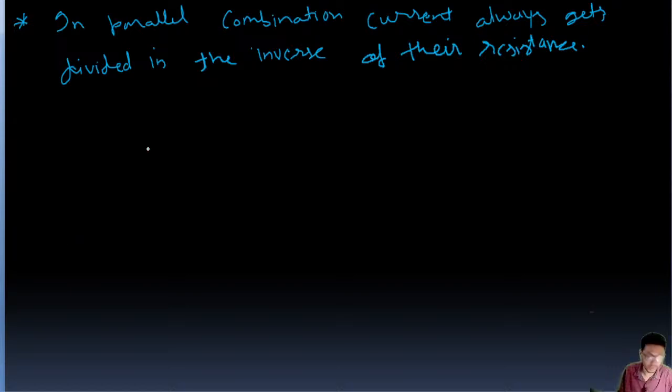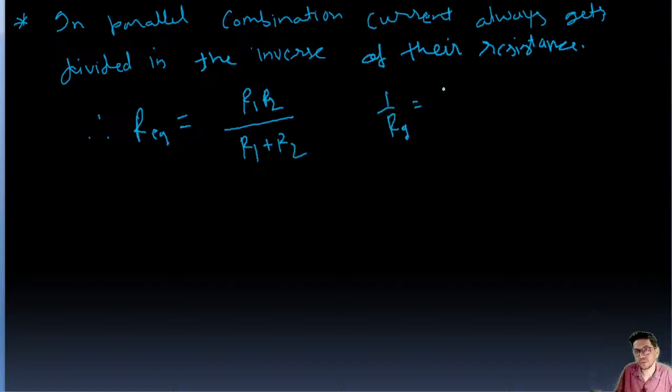And we know R equivalent is R1 R2 upon R1 plus R2, right? This we know because 1 upon R equivalent equals 1 upon R1 plus 1 upon R2. If we solve it, we'll get this value. So R equivalent is R1 R2 upon R1 plus R2.